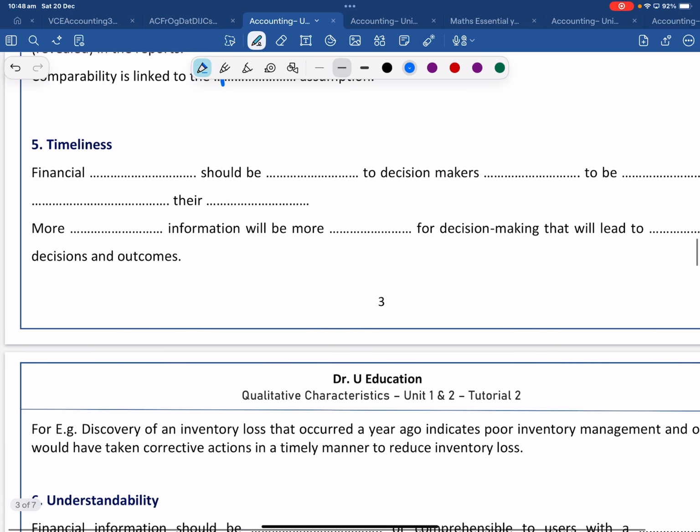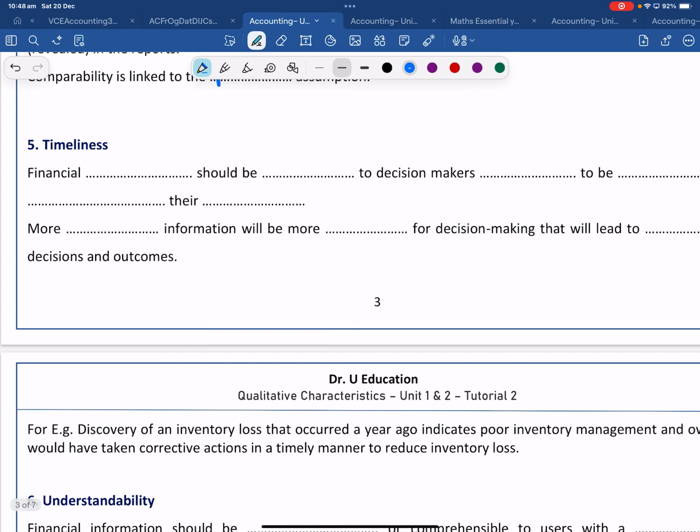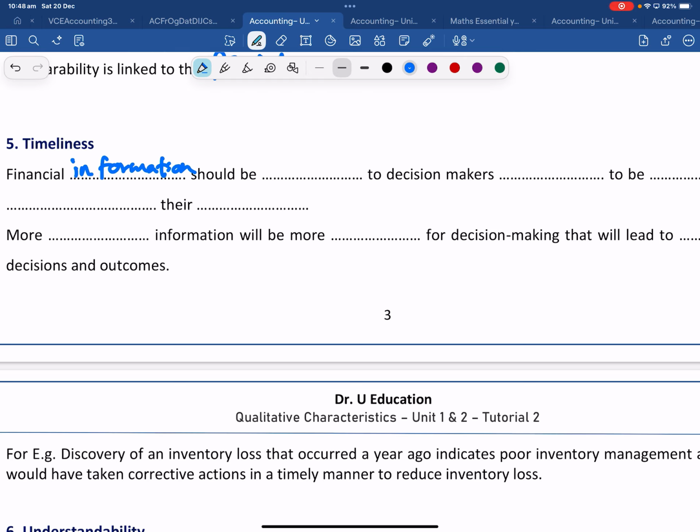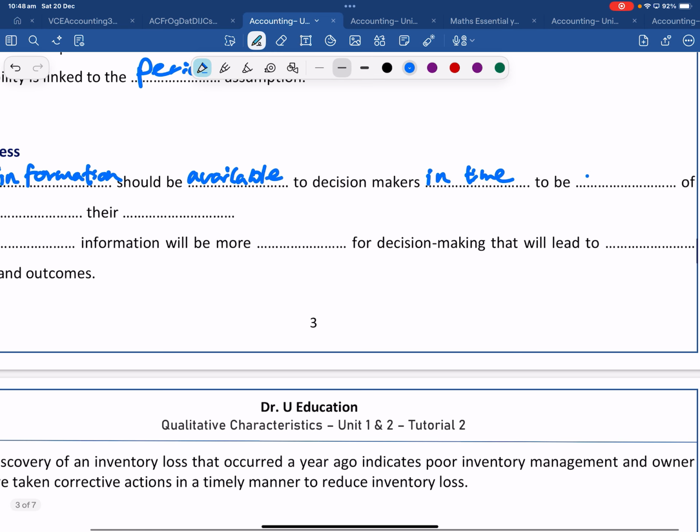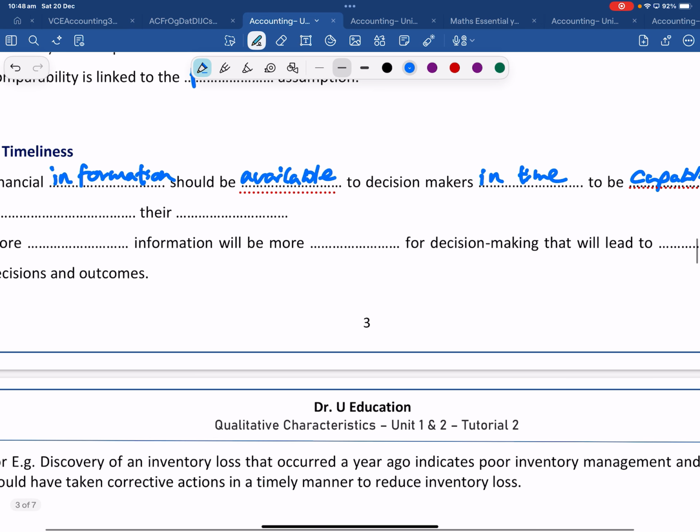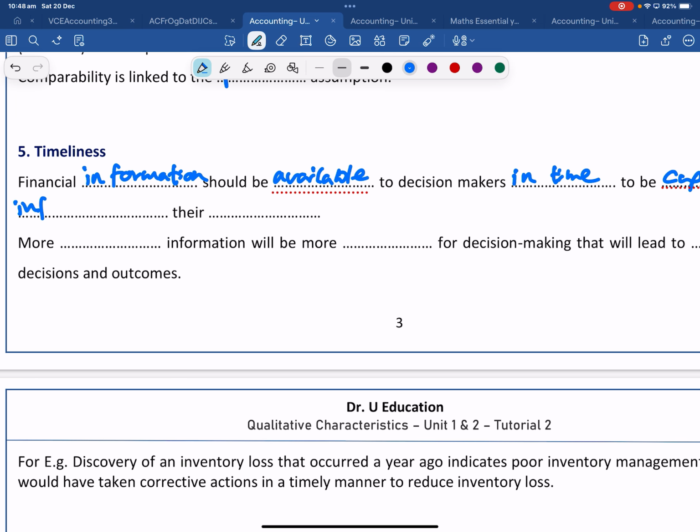This one says financial information should be available to decision makers in time to be capable of influencing their decisions.